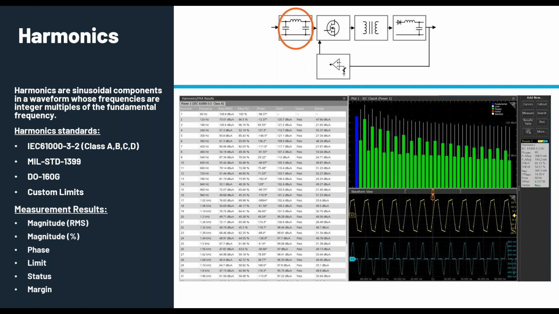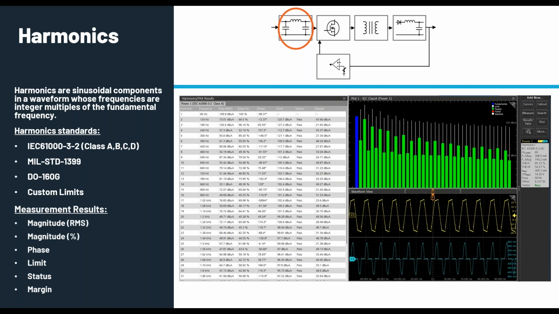There are many standards which define how much the harmonic content needs to be. There is a standard called IEC 61000-3-2, which has different classes depending on the type of SMPS circuit, and it defines up to the 40th harmonic how much should be the limit for each harmonic component.